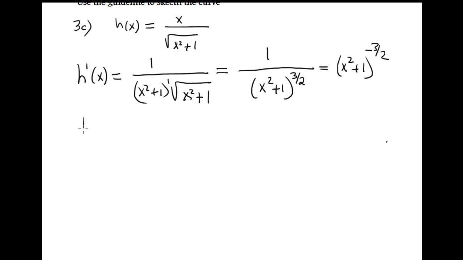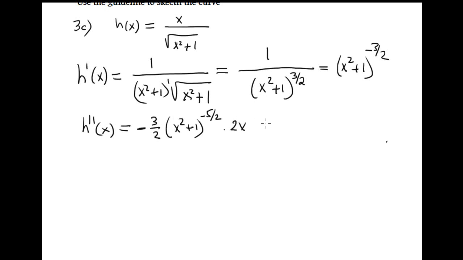Now ready to apply the second derivative. The second derivative is minus 3/2. This exponent goes to the front as a factor. Now x squared plus 1 raised to the minus 1 is negative 5 over 2, because negative 3 over 2 minus 1 is negative 5 over 2, times the derivative of this expression, 2x.